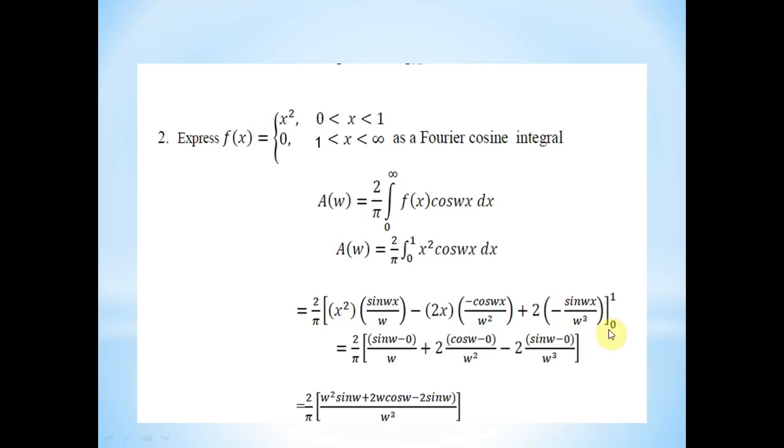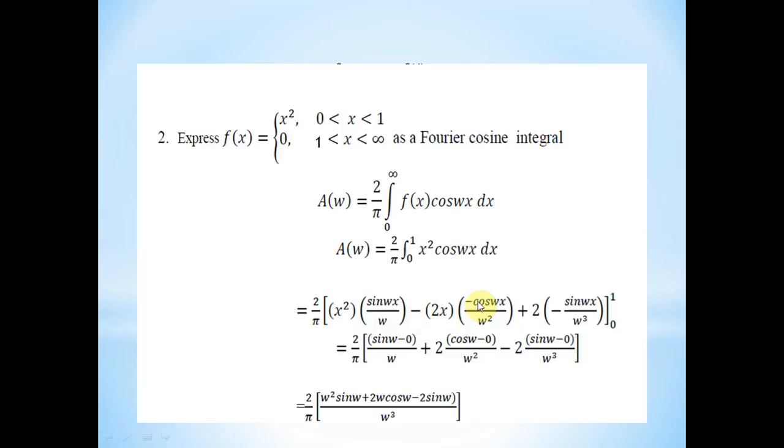Now, when I apply the limits, I take x equal to 1 as the upper limit. This becomes 1 square into sine omega into 1, which is sine omega, minus the lower limit 0 into sine 0, which is equal to 0. So we have sine omega minus 0 divided by omega.